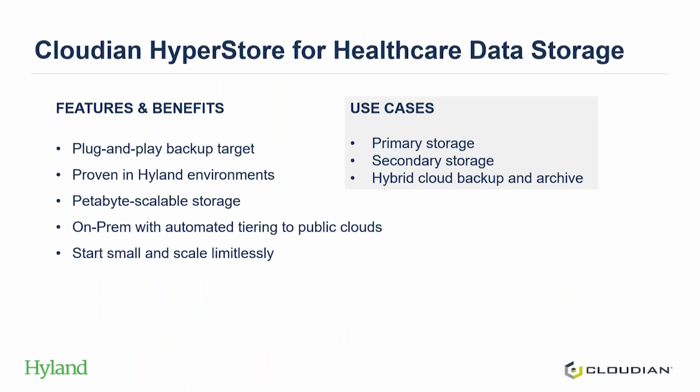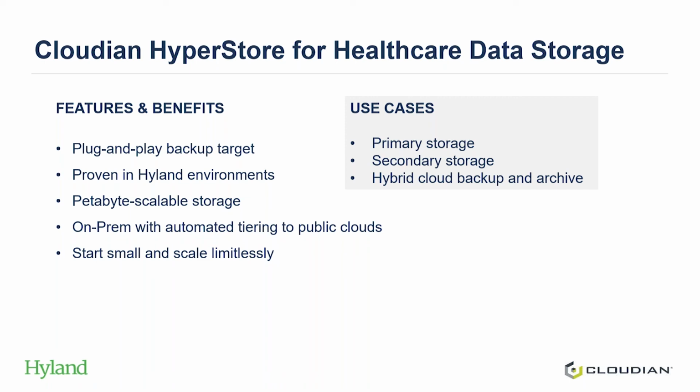As a summary for Cloudian HyperStore, really it is a plug-and-play backup target that works very well. In fact, it's proven with the Hyland Acuo VNA. We have mutual customers running this today in production. Scalable storage, auto tiering to public cloud if that is a requirement, and of course, start small and scale as you need to.